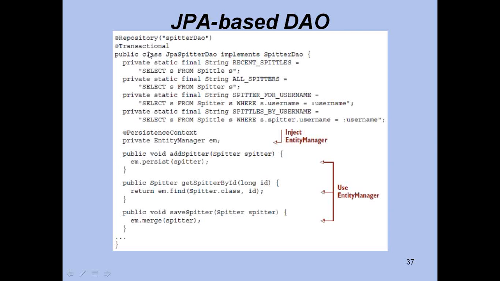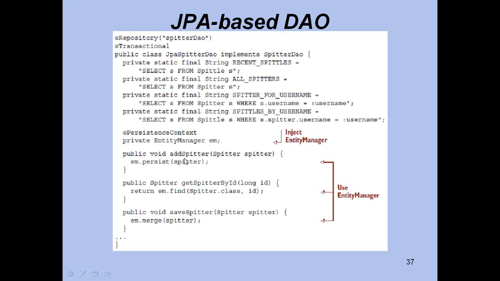You are saying this class is transactional using the annotation called Transactional, and what is the persistence context, and inject the entity manager here, and various getter and setter methods along with the business methods. These are all business functionality methods.